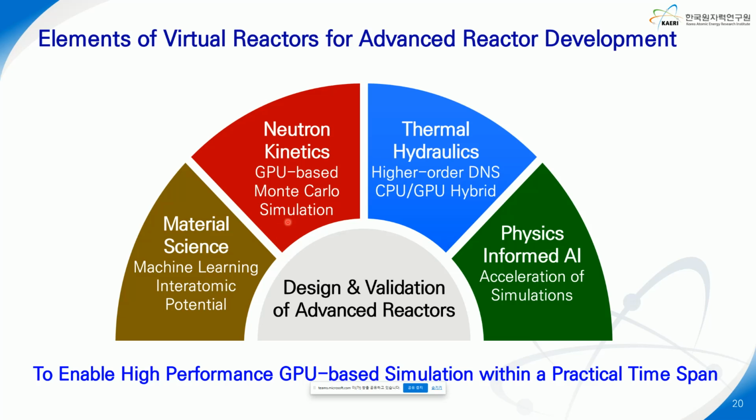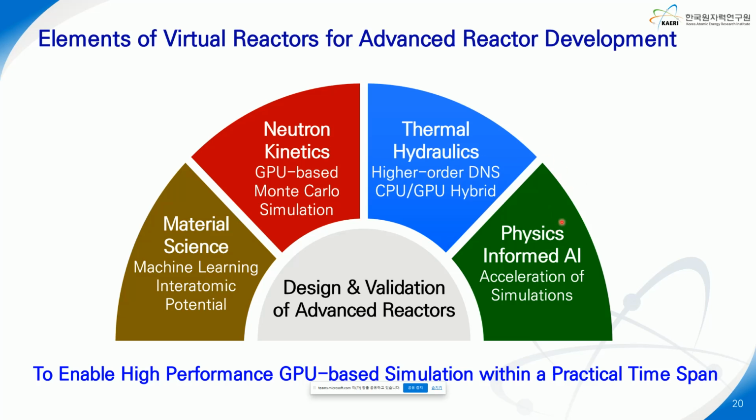At Korea Atomic Energy Research Institute, we identified the elements of the virtual reactors for advanced reactor development as this. The first is neutronics with the GPU-based Monte Carlo code. The second is higher order DNS, namely direct numerical simulation for the solution of the Navier-Stokes equation.